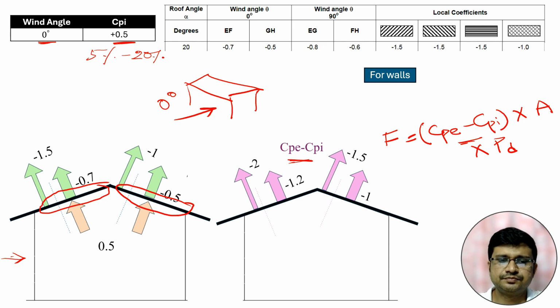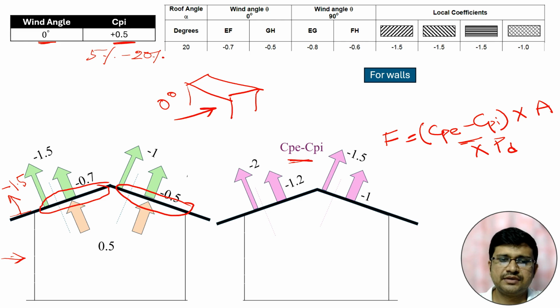Now this is the top of the overhanging portion. As per the clause, we know that for this top portion the upward CP value will be minus 1.5. That means same as the non-overhanging portion.